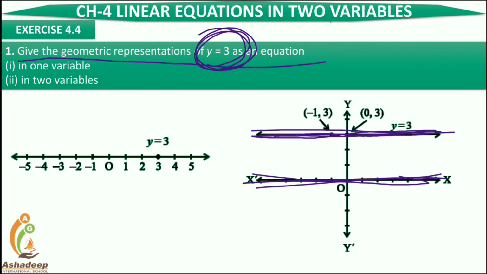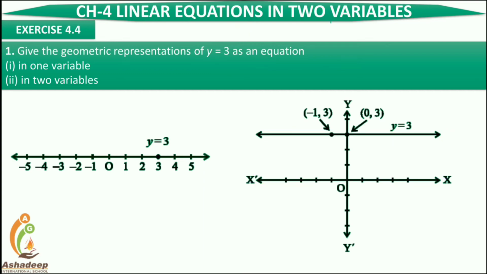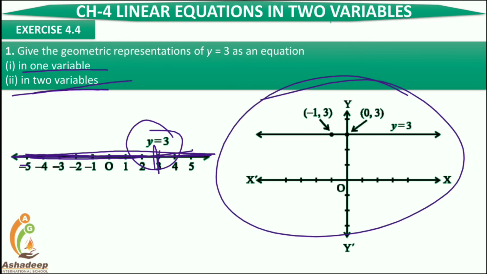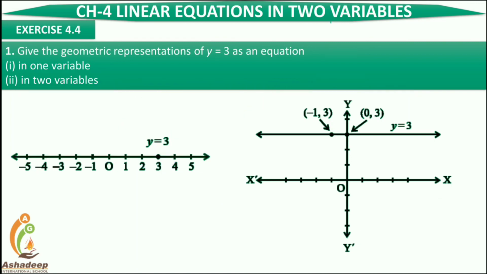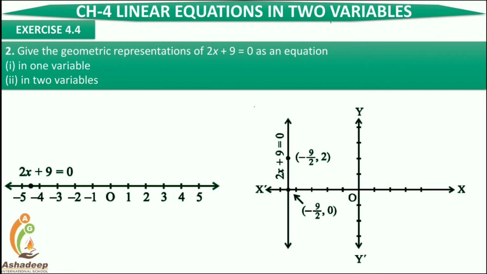It is parallel to the x-axis, right? So this is the one variable, right? Simply draw the line and put y is equals to 3. So this is in two variable, right? This you can just pick that up and replace it over here, right? So I hope this is not that much difficult.